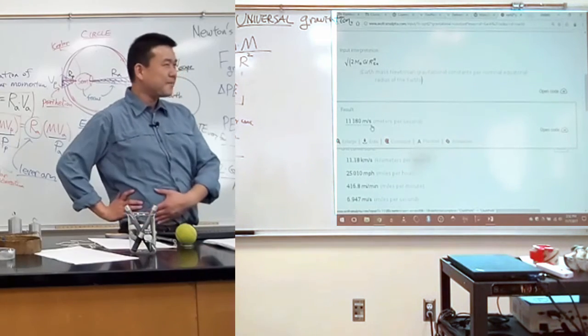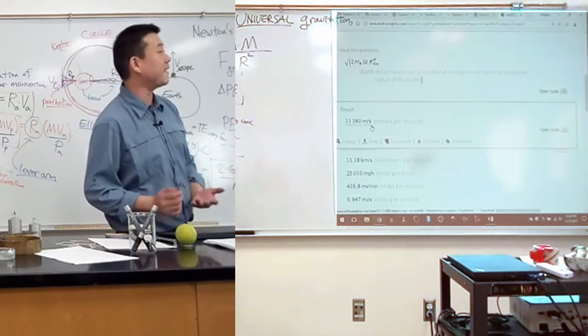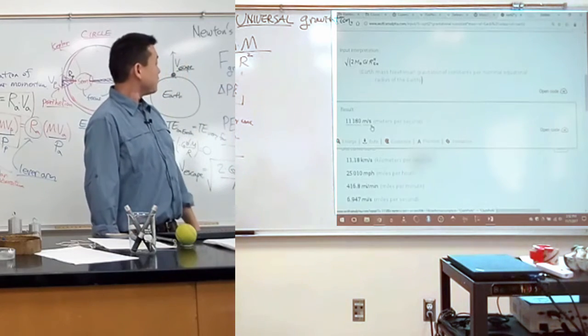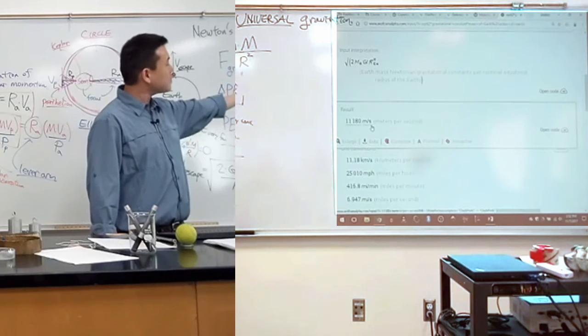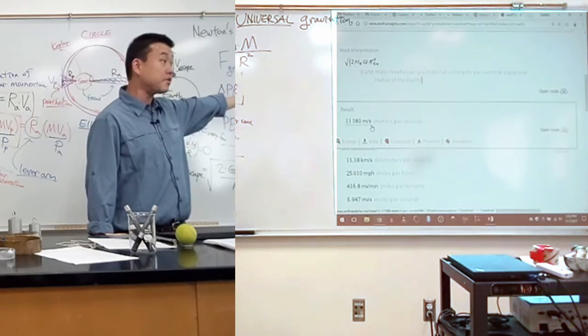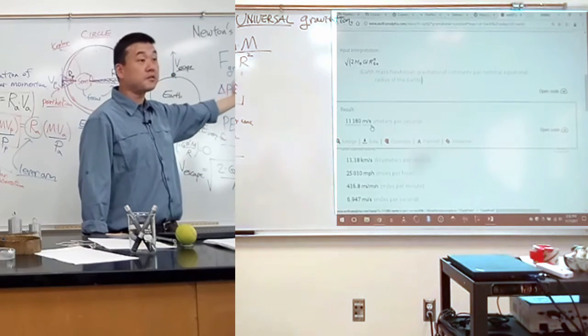Does it sound like a large number? It is. The speed of sound is something like 300 meters per second, so this is about 30 times the speed of sound. Is this such a large number that it's unachievable? No, it's actually achievable. In fact, space probes will do that.